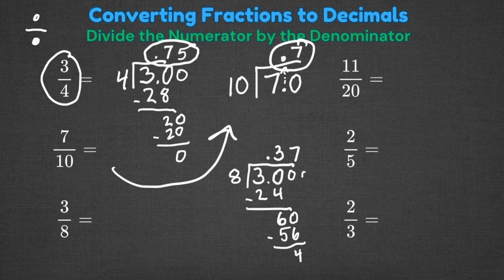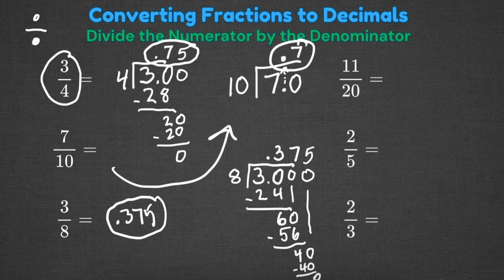I need to bring down another 0 all the way down from up there, if you like drawing these lines out. 8 goes into 40 5 times. Perfect. 3/8 as a decimal is 0.375, or 375 thousandths.